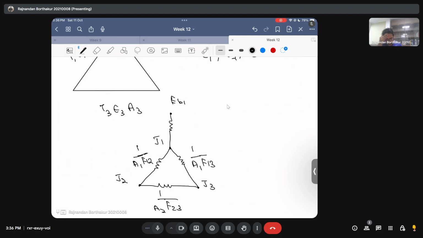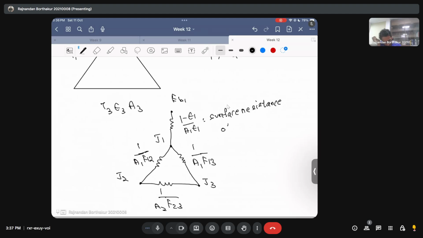Now the extra resistance that will come here is nothing but the surface resistance associated with surface 1. We know this is going to be 1 minus epsilon 1 by A1 epsilon 1, which is the surface resistance of S1.